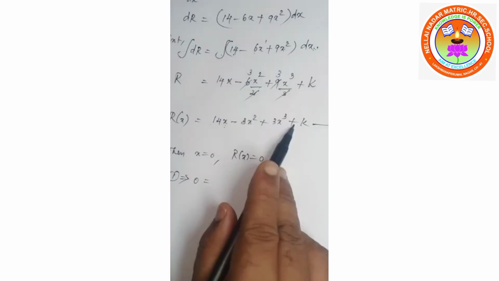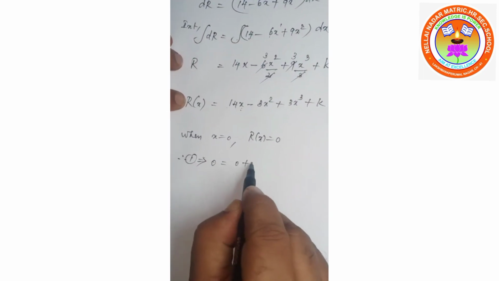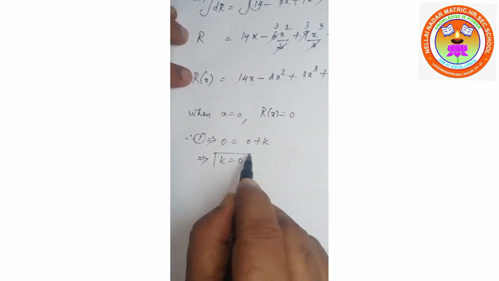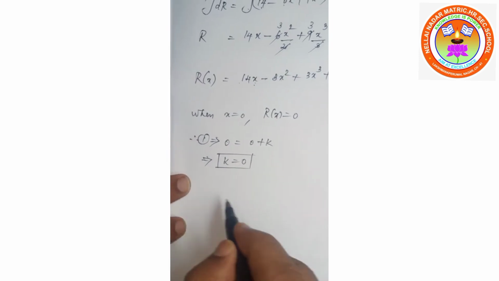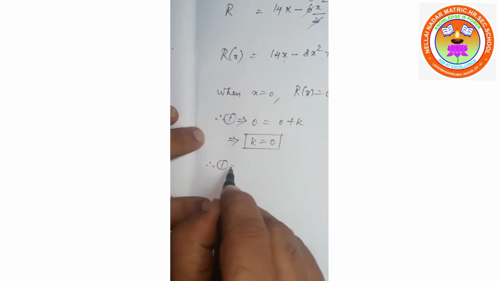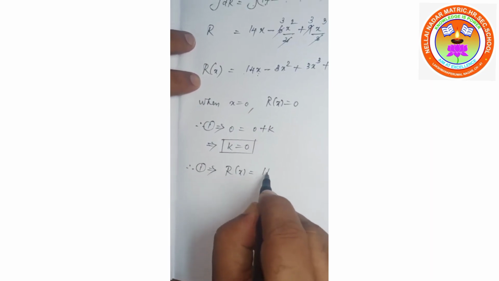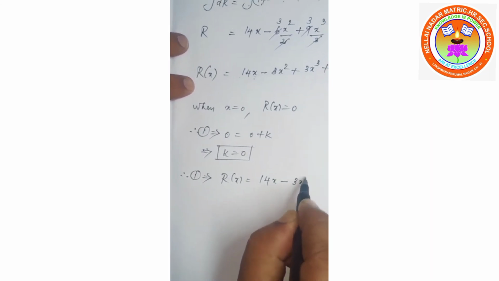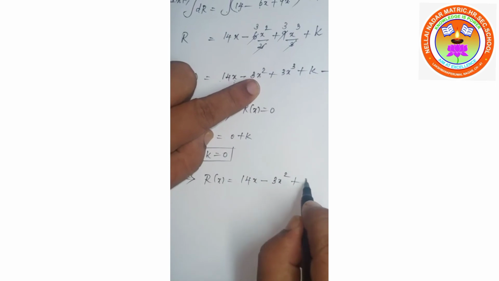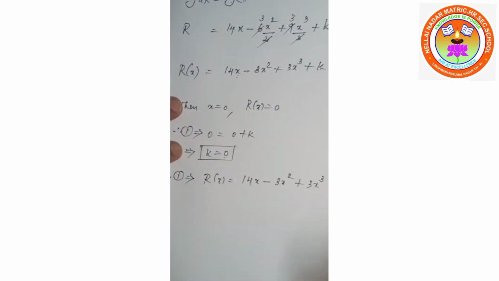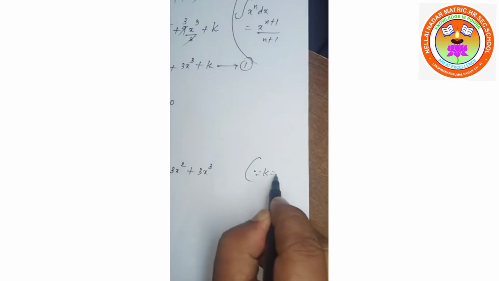So altogether 0 plus k, which implies k is equal to 0. Therefore equation 1 implies R of x is equal to 14x minus 3x squared plus 3x cube plus k. What is the value of k? 0, since k is equal to 0.